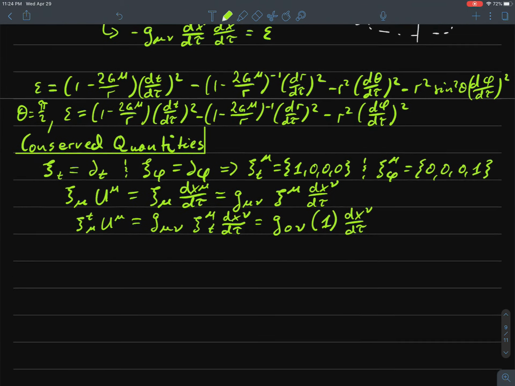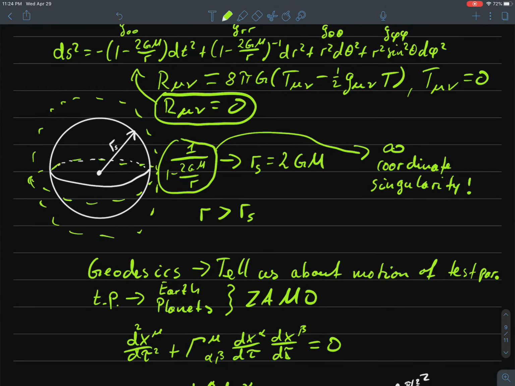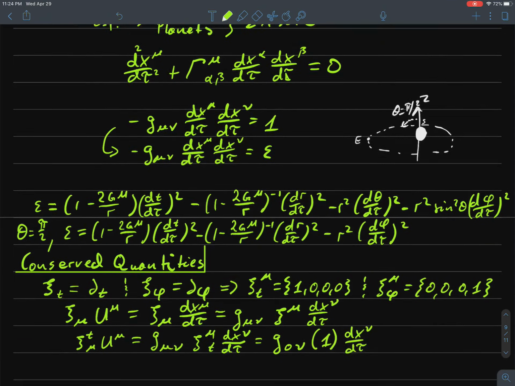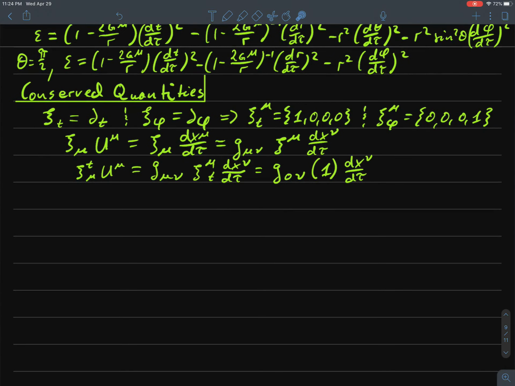Now, furthermore, if we go back to the Schwarzschild metric here, we see it's only diagonal, right? There's no off-diagonal pieces, which means too that the only non-zero component here is when nu is 0 as well. So I get g0 0 dx 0 d tau. So g0 0 is going to be minus 1 minus 2 GM over r, dt d tau.